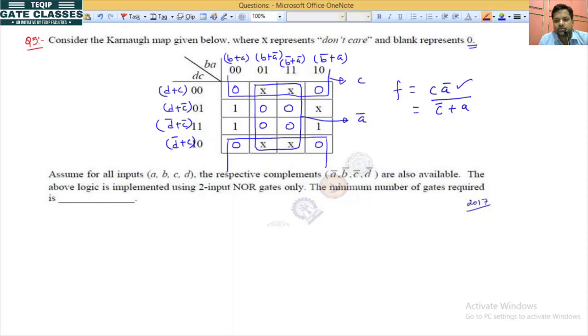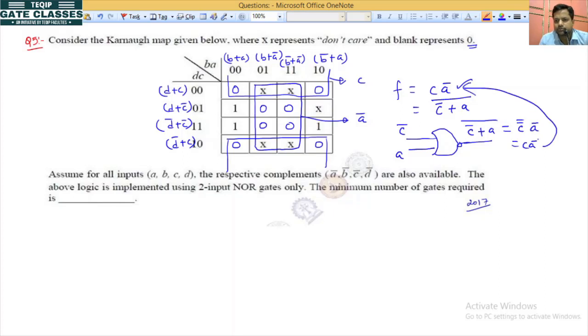So I am converting this expression into the form of NOR. This is our C bar, this is our A, and the output will be (C bar plus A) whole bar, that is equal to C double bar A bar, so it will be C A bar.